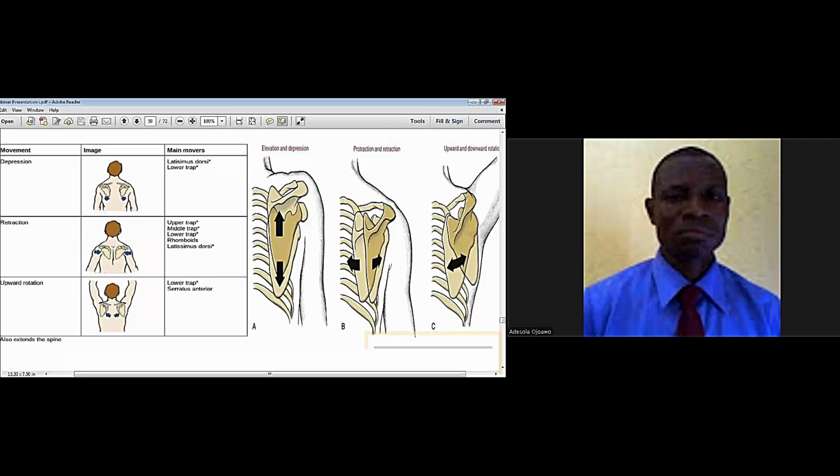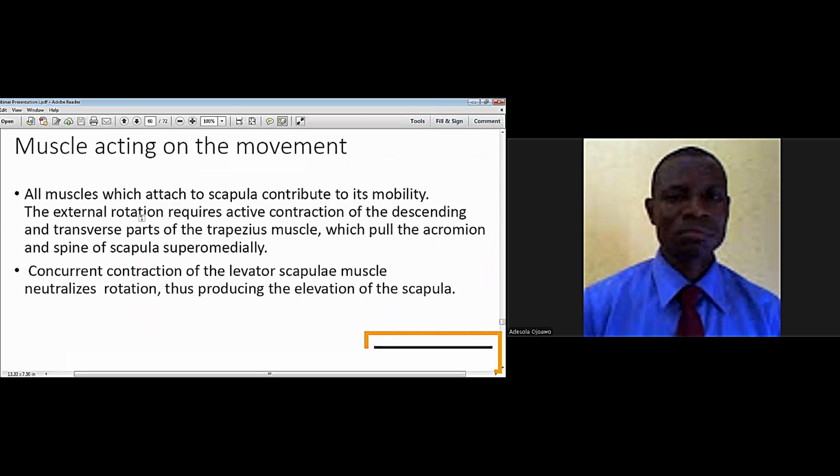So you can see that the inferior edge will move laterally and come back. So that's why we have the rotation of the shoulder again. And most responsible for that are the lower trapezius and serratus anterior. I've mentioned all the muscles that are responsible for the movement. I don't have to refer to that again. I think we can move on.